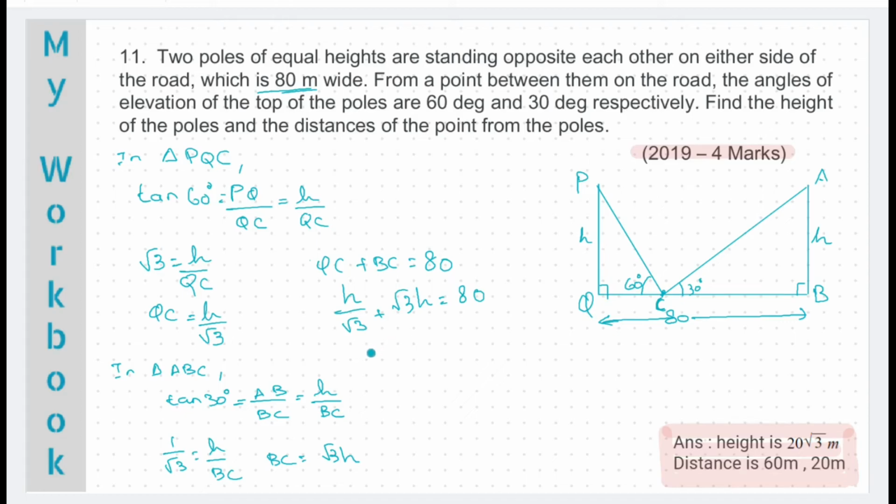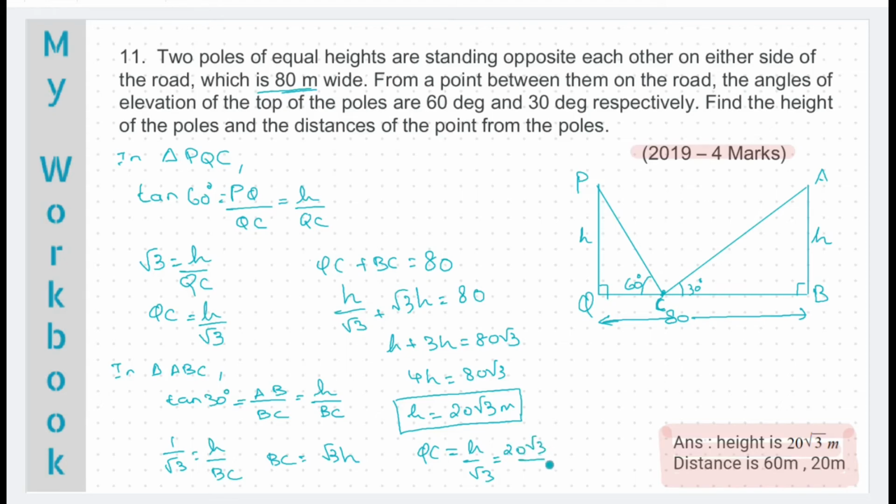So from this we can solve and get the value of H. QC is H by root 3, so it will be 20 root 3 by root 3, which is 20 meters. So QC is 20 meters. So the remaining BC should be 80 minus 20, 60 meters.